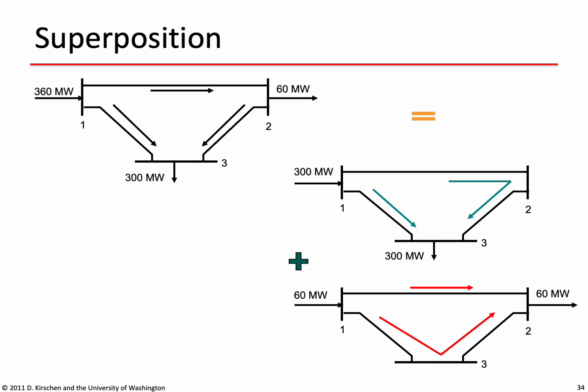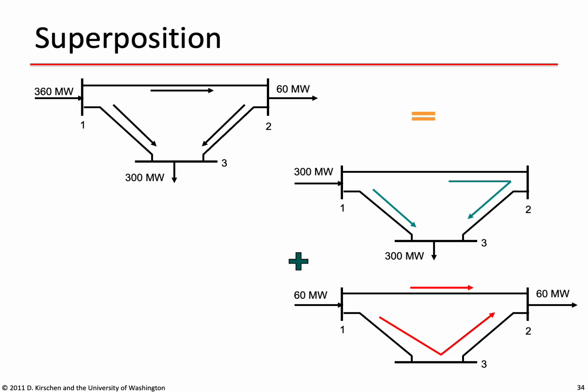The pattern that we have is a 360 megawatt net injection at bus 1, that's the production of these 2 generators minus the load at bus 1. We have an extraction of 60 megawatts at bus 2, because we have a load of 60 megawatts at bus 2 and no generation at bus 2. And we have an extraction of 300 megawatts at bus 3 because we have a 300 megawatt load at bus 3, and generator D is not producing anything under this economic dispatch.